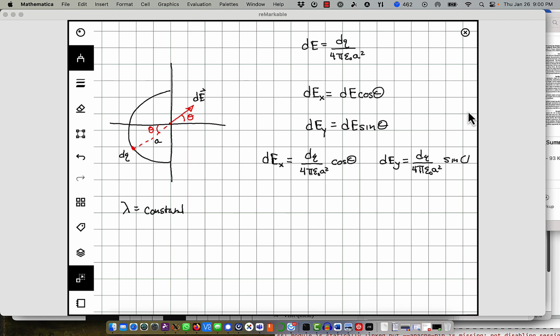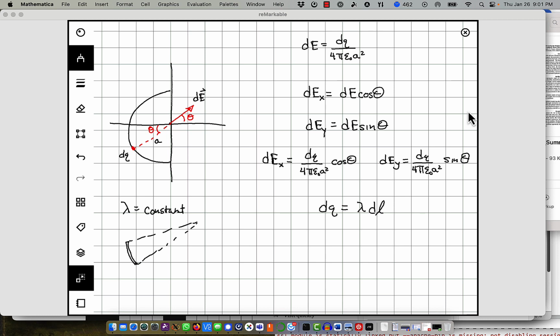So now we have to write that dQ out. That's going to be our next task. So dQ, it's a charge per unit length, lambda, times a little length, and it's going to be a little arc length now. So we're going to make a little picture of that over here on the left. Okay, so here's my little arc length, little piece of that arc.